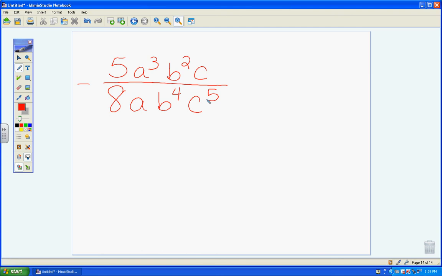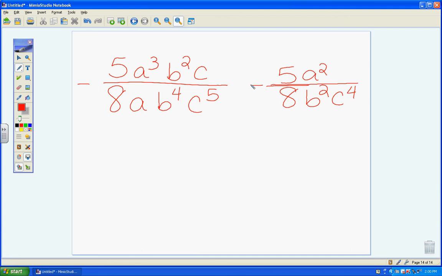Who can tell me what they came up with? Who's going to be brave? All right, Megan will be brave. Tell us what you got. 5 over 8, and then x^2 on top, and on the bottom y^2. Everything is exactly right.